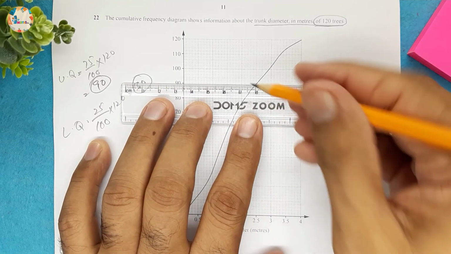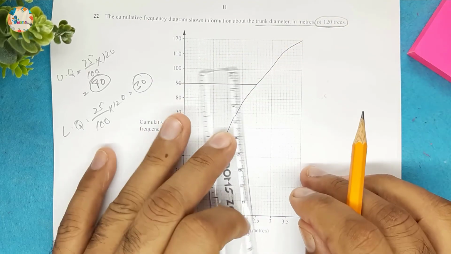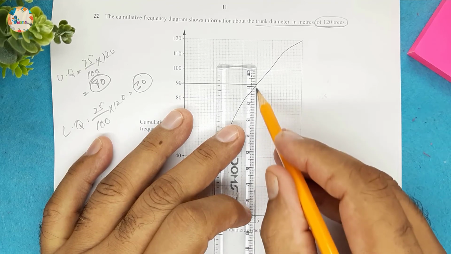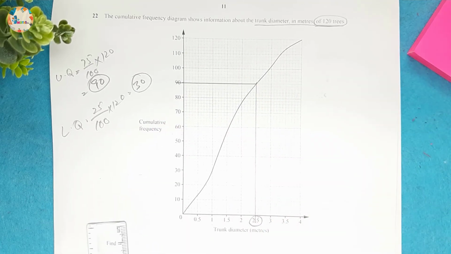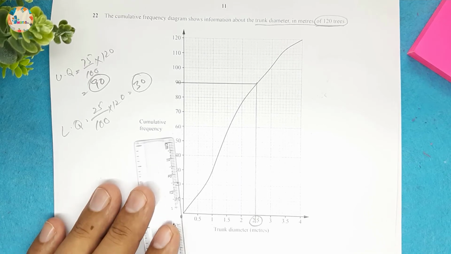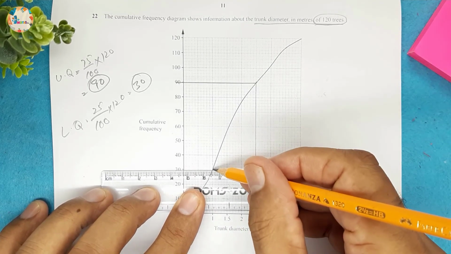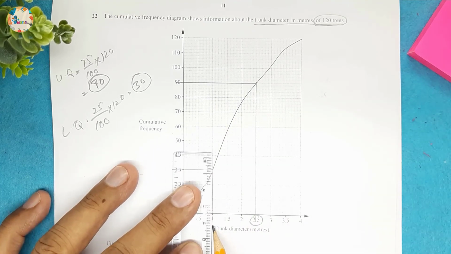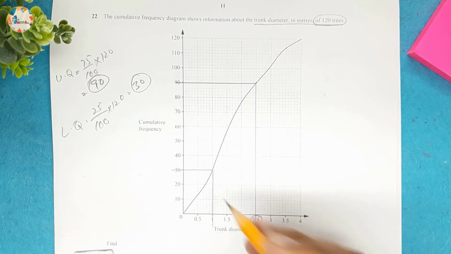So we can draw a reference for 90 will be this one, and we can draw line over here. So this will be 2.5, and for 30 also we can check. 30 will be this reference, and on this side it will be 1. So this will be 1.